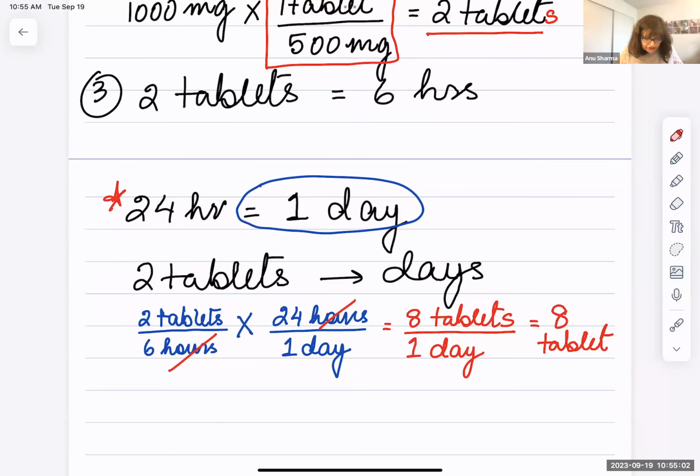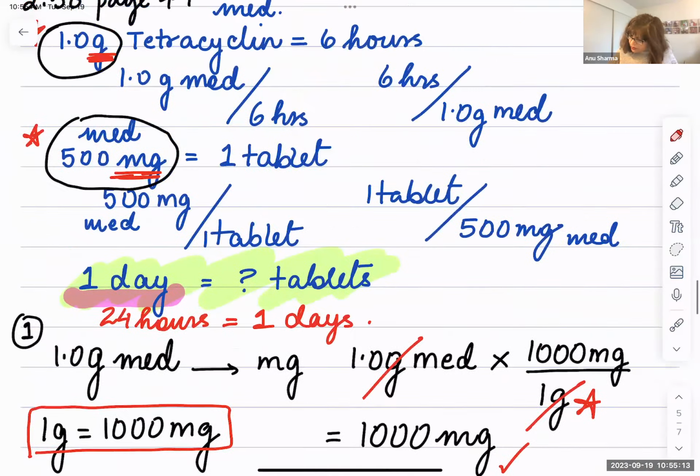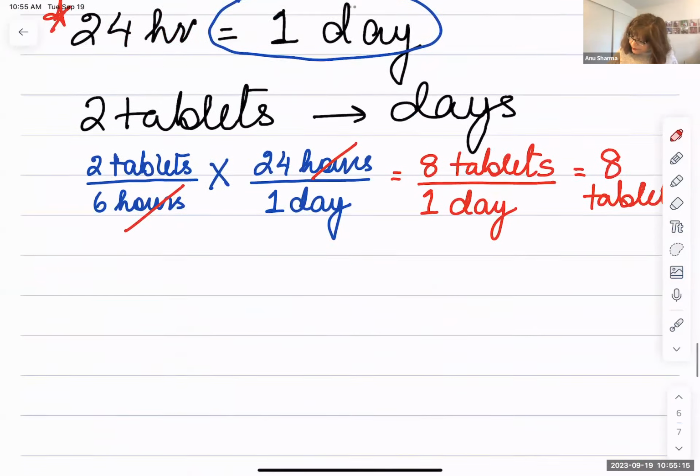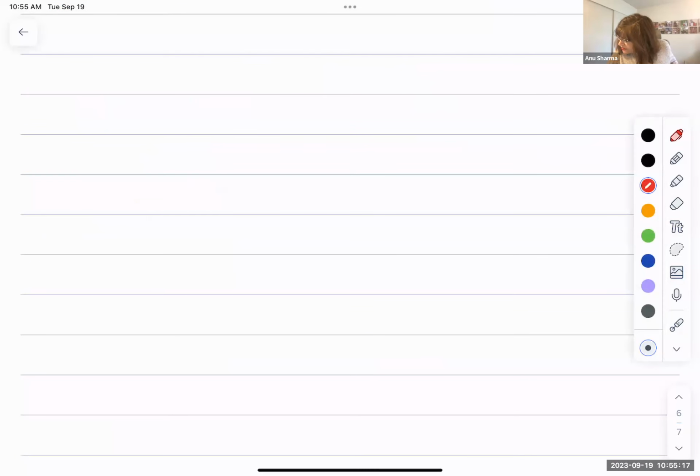The other conversions are like, for example, okay, let's look at this one. So this is again a little difficult one. 2.56, and this is page 48.